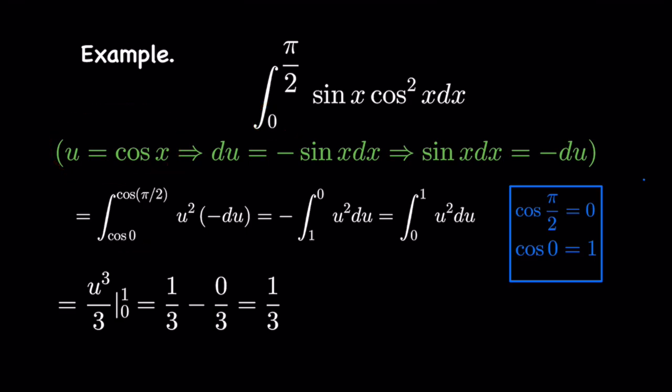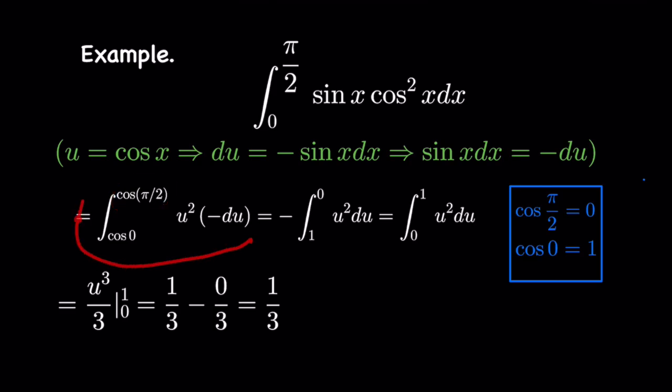So u will be cosine of 0, and that's the lower bound for u. And you repeat the same process for the upper bound. The upper bound for x is pi over 2, and this is the relationship between x and u. If you substitute x by pi over 2, you will get u equals cosine pi over 2. And that's the upper bound for u.